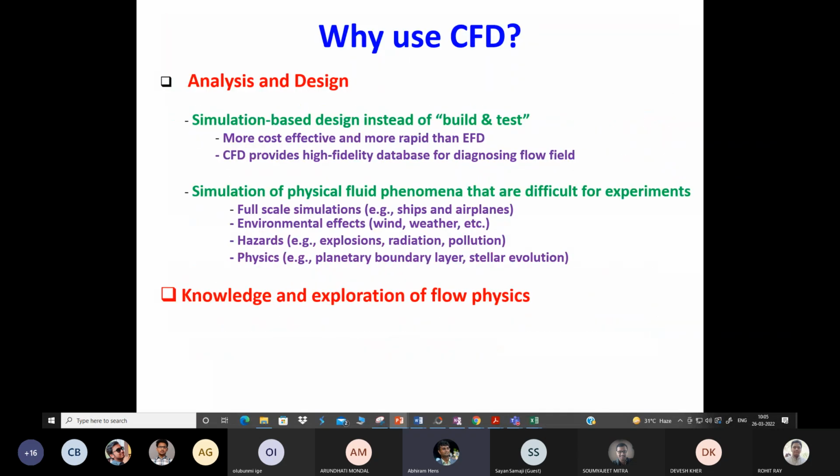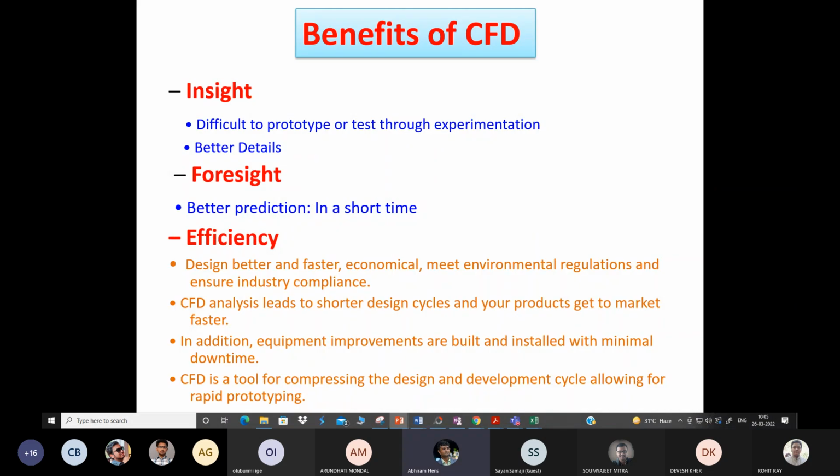And why do we use CFD? Because it has a lot of advantages that we have discussed. The benefits of CFD are that it gives you insight and foresight, and it makes the process more efficient.